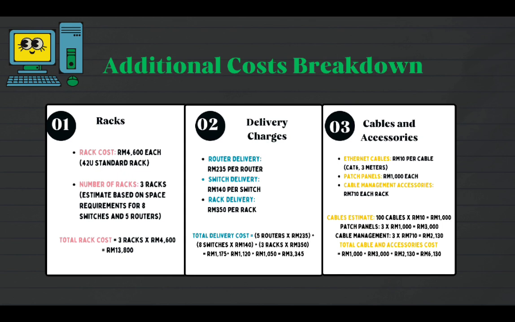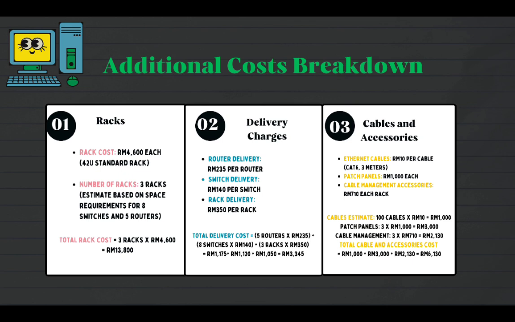And for the last one is cables and accessories. The first one is Ethernet cables, 10 ringgit per cable, and cables is CAT6 and 3 meters. And for the patch panels, 1,000 ringgit per each. And for the cable management accessories, just 710 ringgit each rack. So the cable estimate is 100 cable multiply with 10 ringgit, we got 1,000 ringgit.